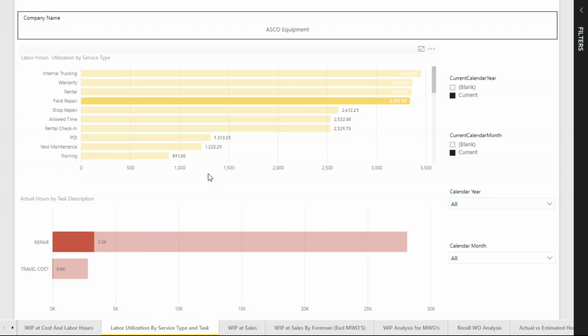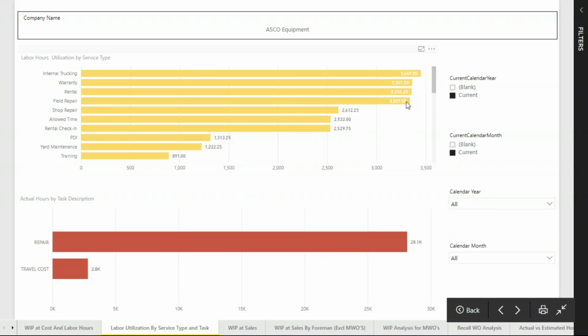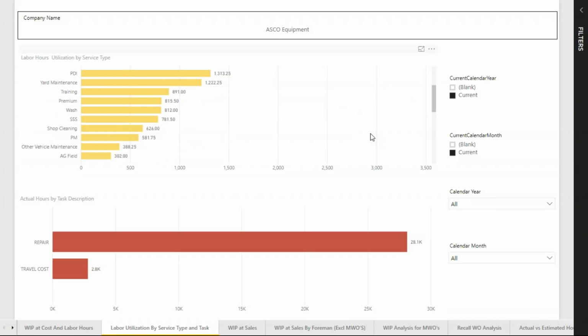So, I'm kind of surprised PMs isn't up there. Interesting. PM is not up there? I think field repair and shop repair should be our first two. If it's not something else, they fall into those two. So like a PDI is really a shop repair. Oh, there's PM.